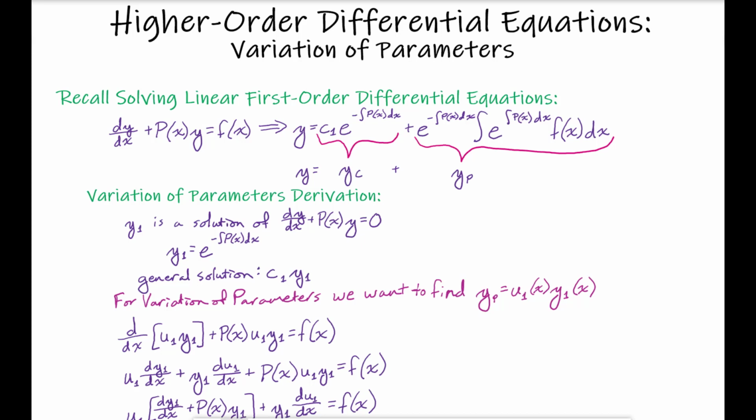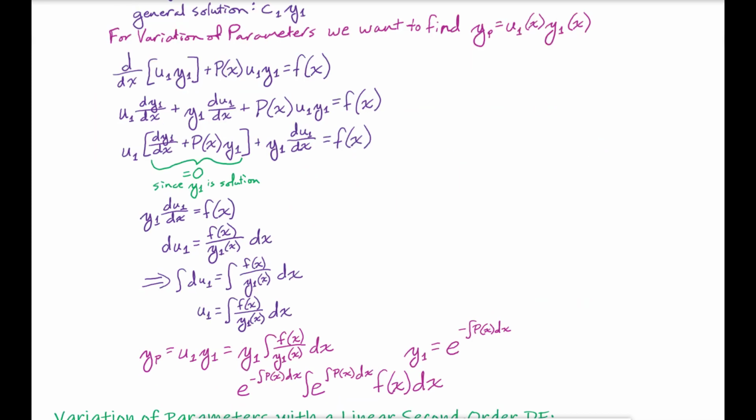Taking that derivative, we get u sub 1 times the derivative of y1 plus y sub 1 times the derivative of u1, our product rule in action there, plus p of x u1 y1 equals f of x. Now, if I factor out a u sub 1 where I have one to factor out, I end up with u sub 1 times the derivative of y1 plus p of x y sub 1, plus y sub 1 times the derivative of u1 equals f of x.